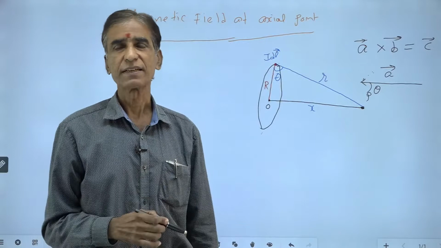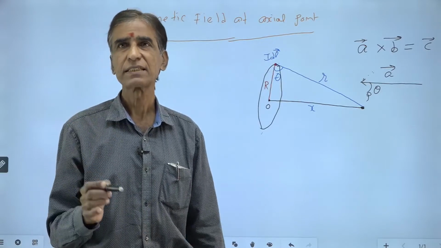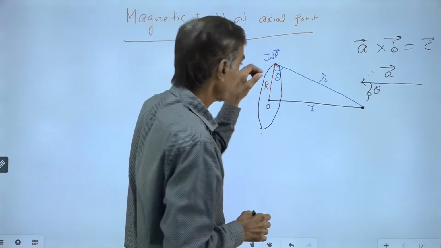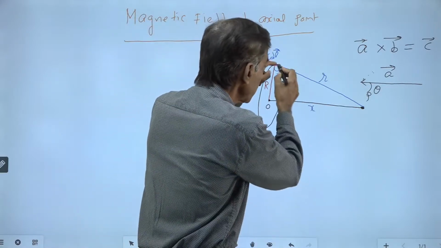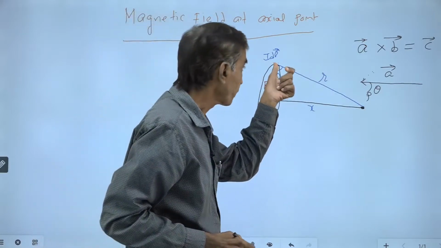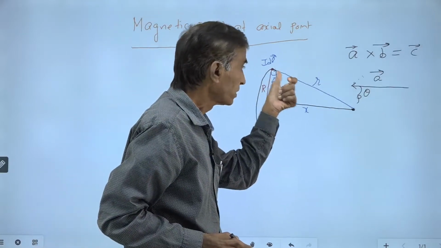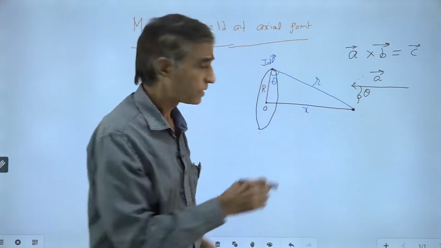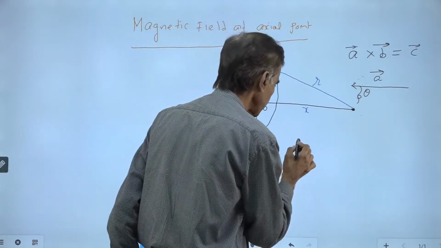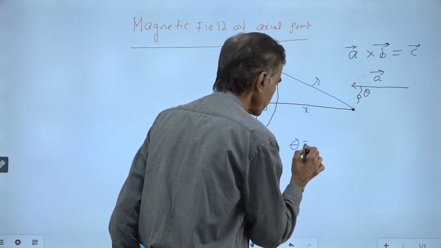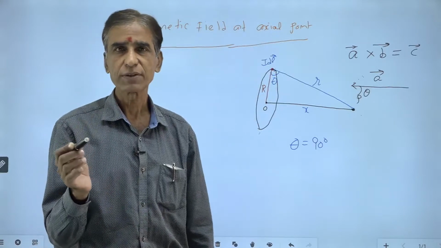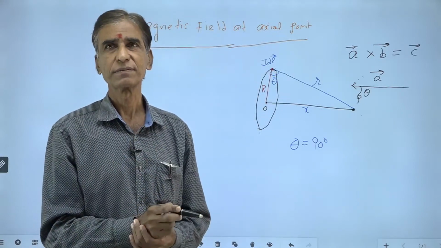In this case, theta is 90 degrees, because this is our radius and this is like a tangent, since we have joined a point of the circle to this point. Therefore, in this case, theta is equal to 90 degrees.